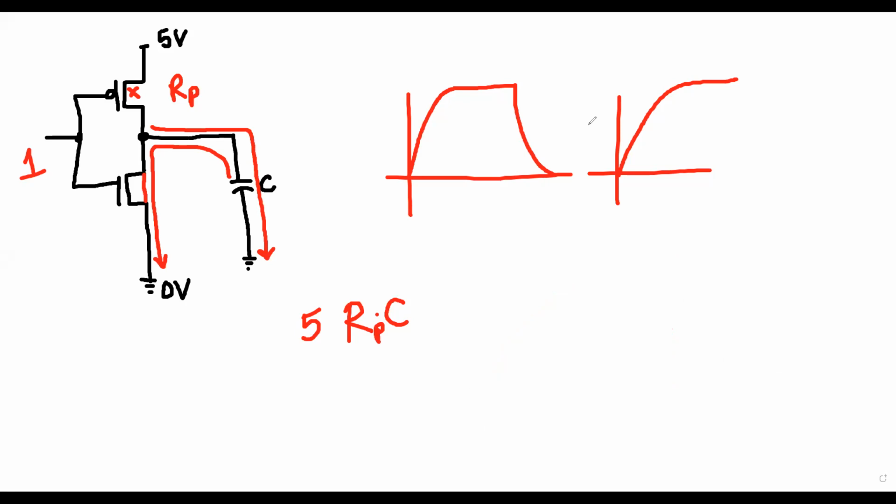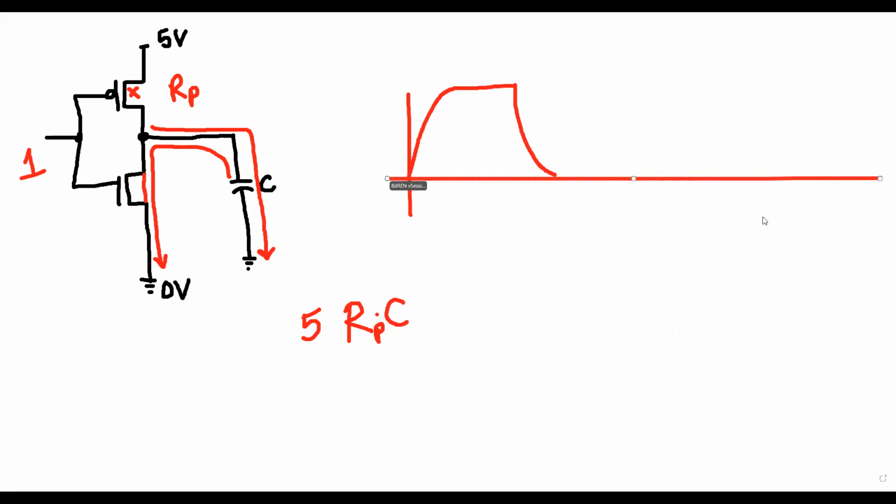This is actually your 1, right? This is your 1 and now this is your 0. When it is discharging, it is 0. When it is charging, it is 1. When it is discharging, it is 0.